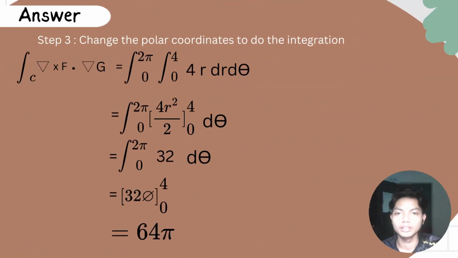Then step 3, the last step, we must change to polar coordinates to do the integration. First, we must find the limits of r and theta and do the integration, and the answer is 64 pi.